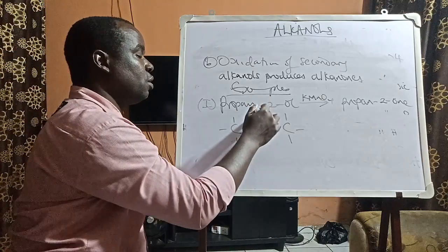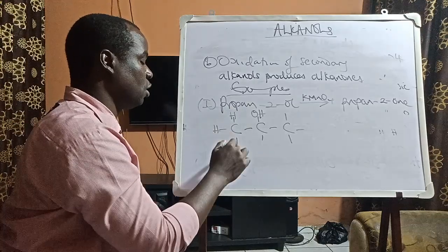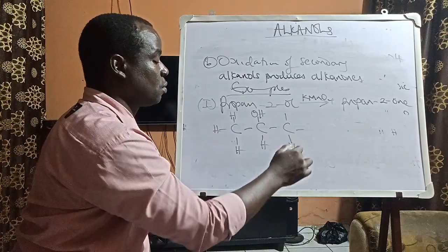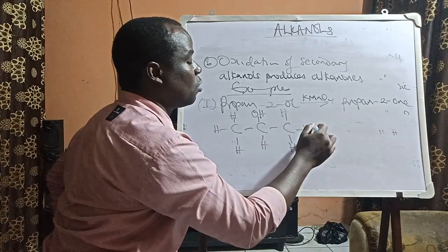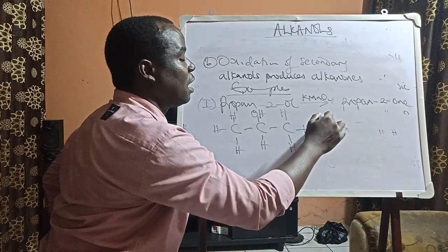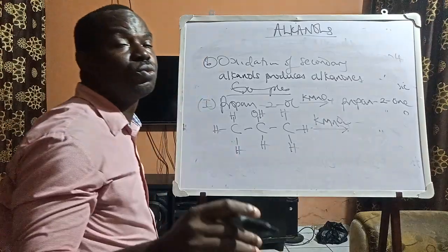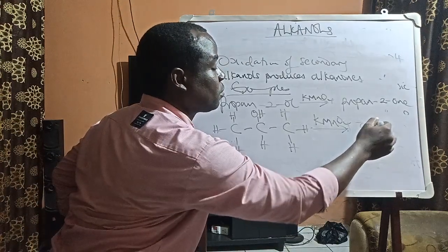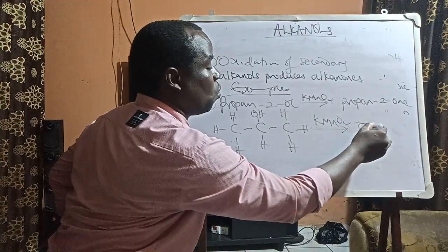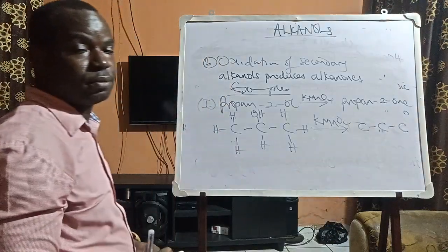2-ol means OH here. I've taught you this one. We now have this. If it undergoes oxidation, that's KMnO4. Now let me show you how to do propan-2-one. You do propan 1, 2, 3.